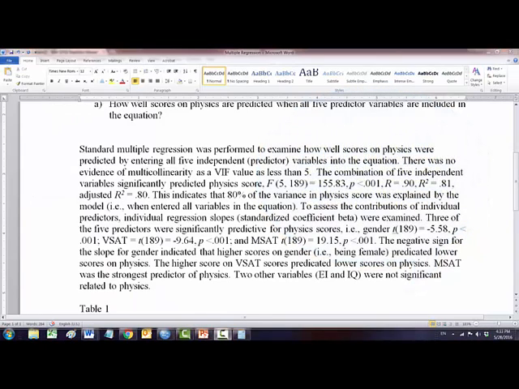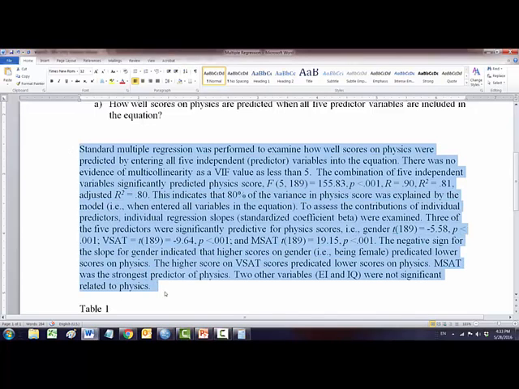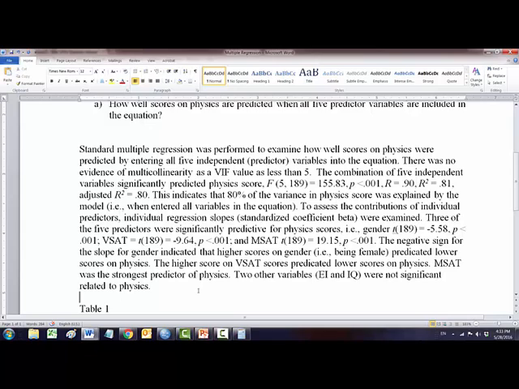The final step is you have to report the results of SPSS in language. So this is the outcome. We have explained them. Standard multiple regression was performed to examine how well scores on physics were predicted by entering all 5 independent variables into the equation. There was no evidence of multicollinearity as the VIF values were less than 5.